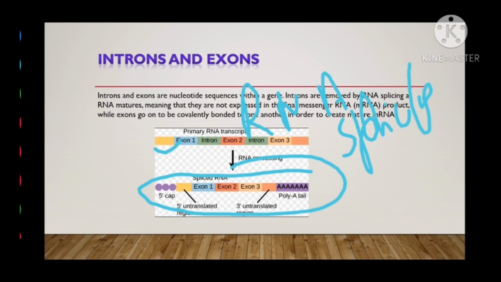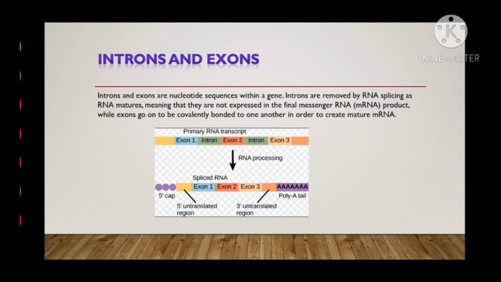As the result of this process of RNA splicing, all the introns are removed and the exons alone form the mature mRNA, right?